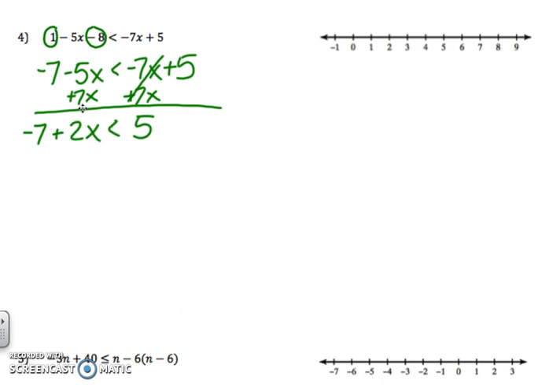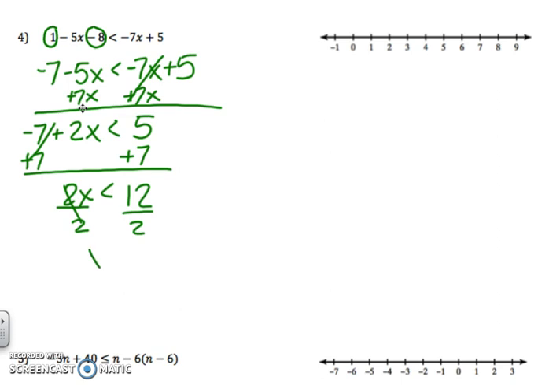So a two-step problem where I'm going to plus 7 to both sides. 5 plus 7 is 12. Less than 2x. Last step is to divide by 2. So x is less than 6.